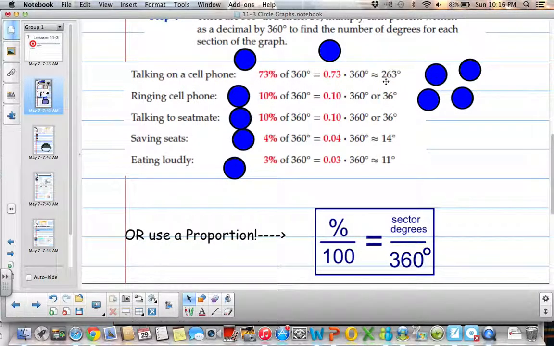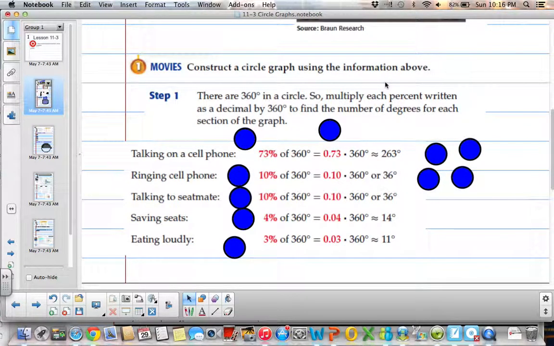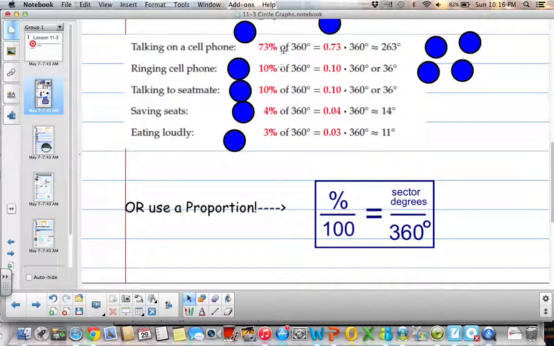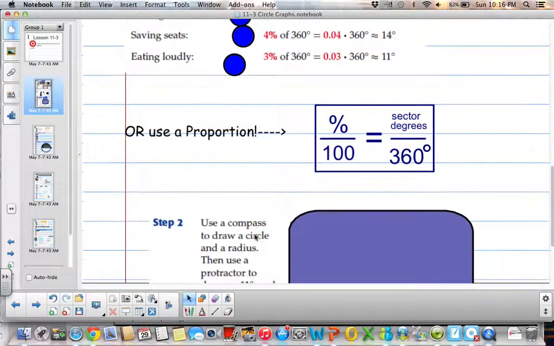So make sure that it all adds up and it makes sense. You could also, instead of just multiplying, set it up as a proportion. So 73%, remember, is always 73 out of 100 equals, and then we would go x over 360 degrees. So you could solve it that way as well.